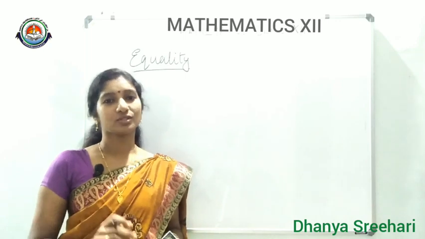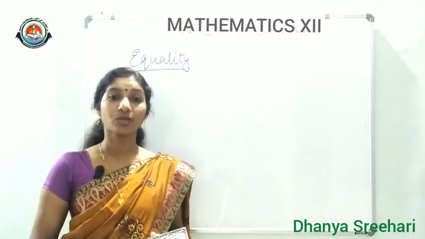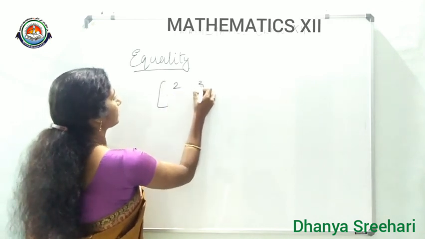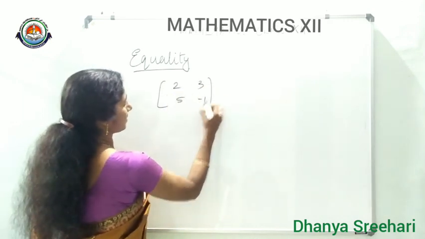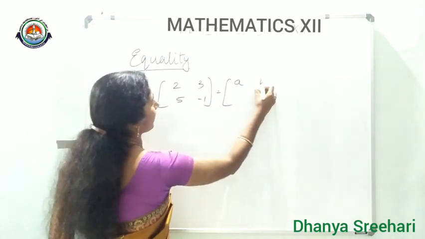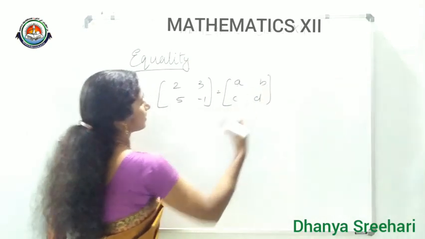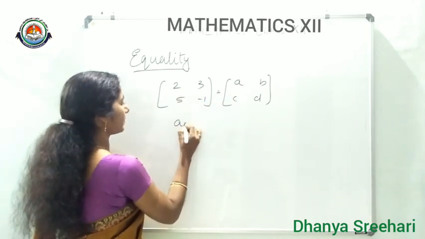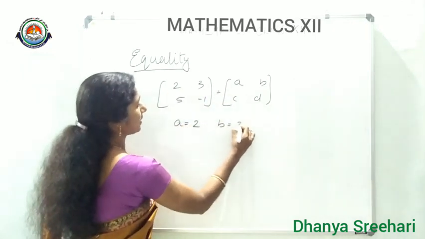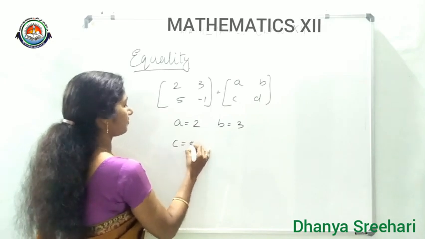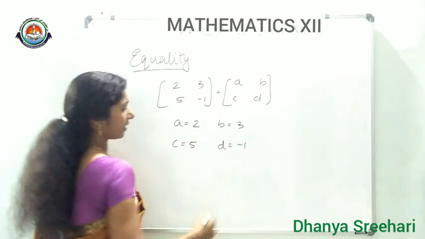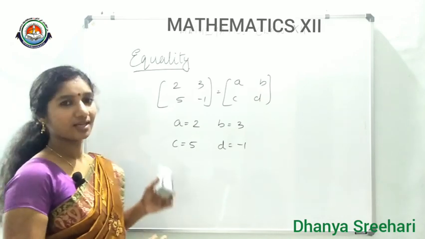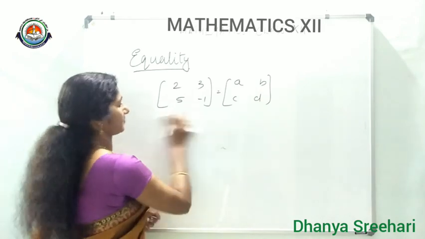Then we will say they are equal matrices. See, one matrix 2, 3, 5, minus 1 is equal to A, B, C, D. So A must be 2, B must be 3, C must be 5, D must be minus 1. Clear? Then we will say these two matrices are equal.